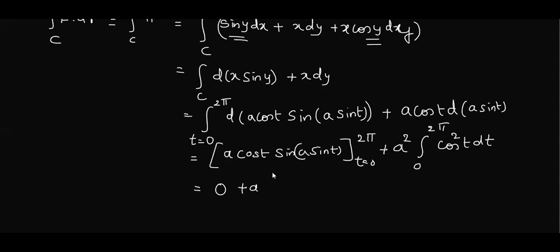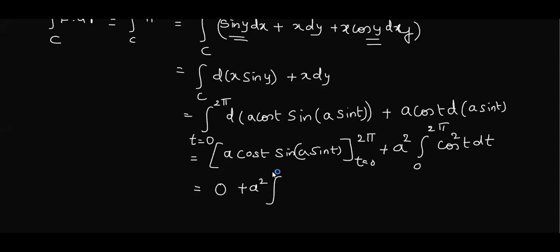Now, can I integrate this by keeping it as cos square? No. We have to simplify it. What is that simplification? How to write cos square to integrate? It is not cos cube by 3.